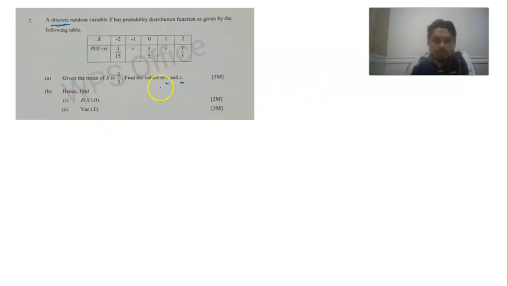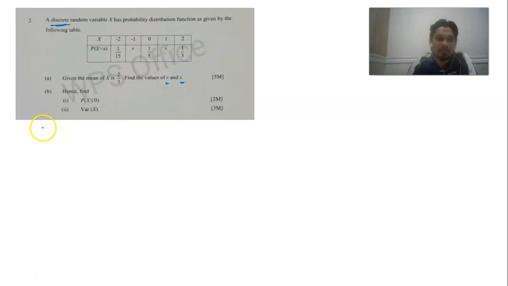Because we're going to find out two values, two variables, r and s. Given one clue here, the mean is 2 over 3. Don't forget we have another clue that we can use, because we need two equations to find out these two variables, r and s.